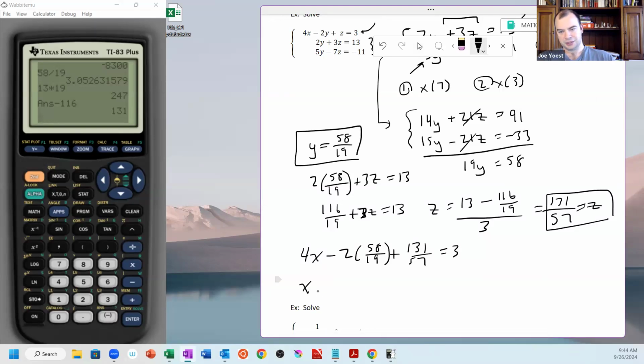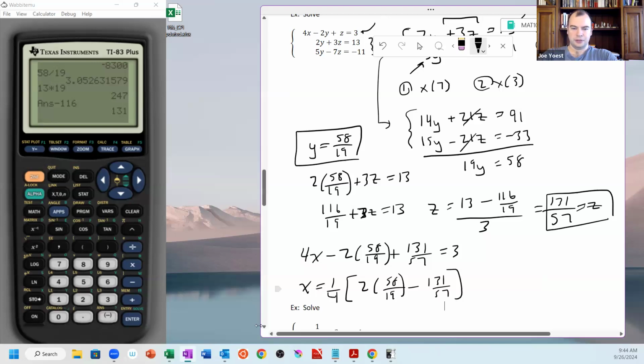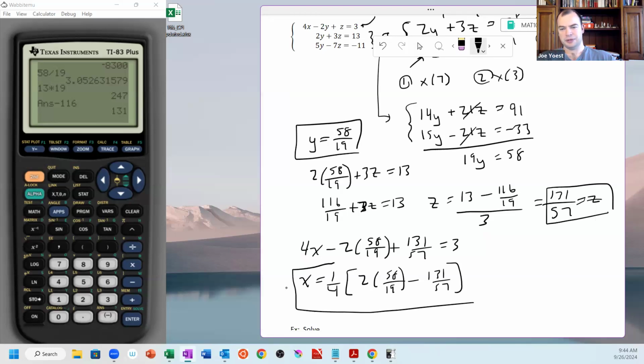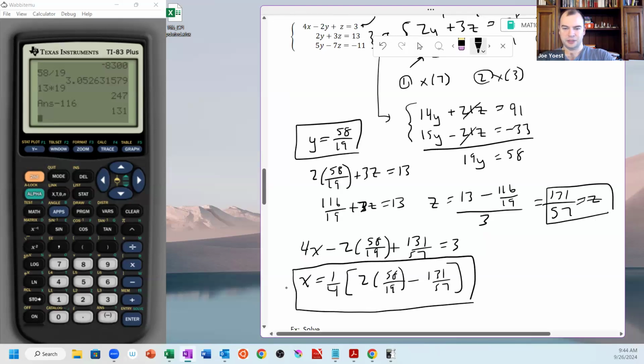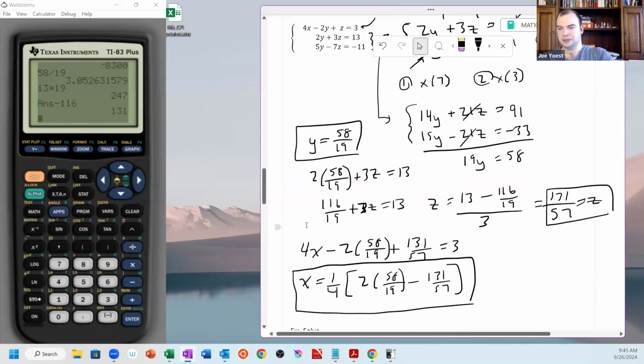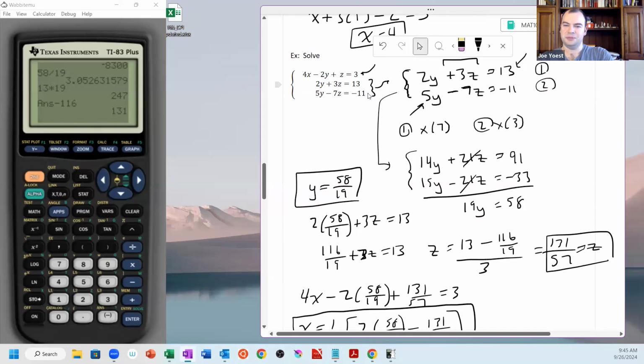And so I see that x is not the nicest answer in the world, but that's what x turns out to be. And we probably could simplify that fraction, but I will leave it there. Wonder if I got a sign wrong when I made the problem.